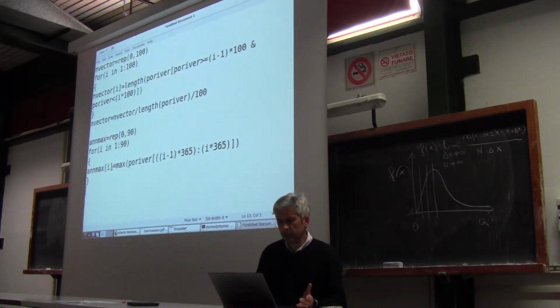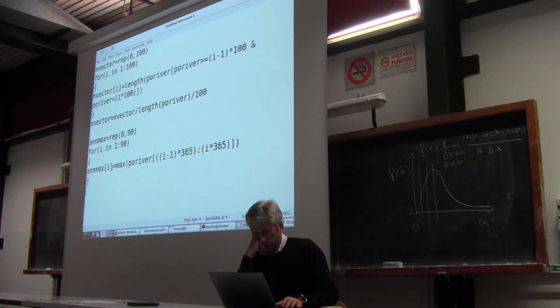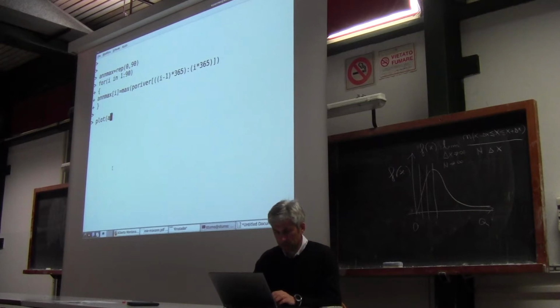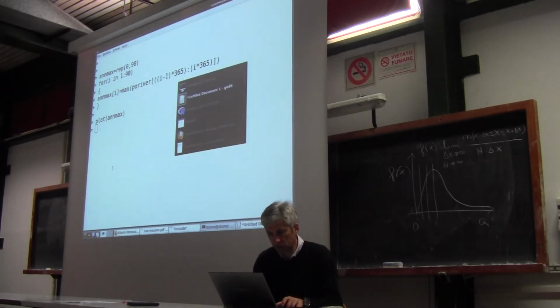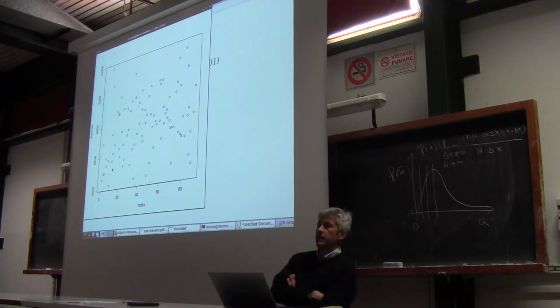So basically I needed to put a second parenthesis because otherwise it gets mixed up. Okay, let's see a plot of the annual maximum. It's better to check that everything is working. It seems that it is fine. They are varying from 2,000 to 10,000. Okay, good.